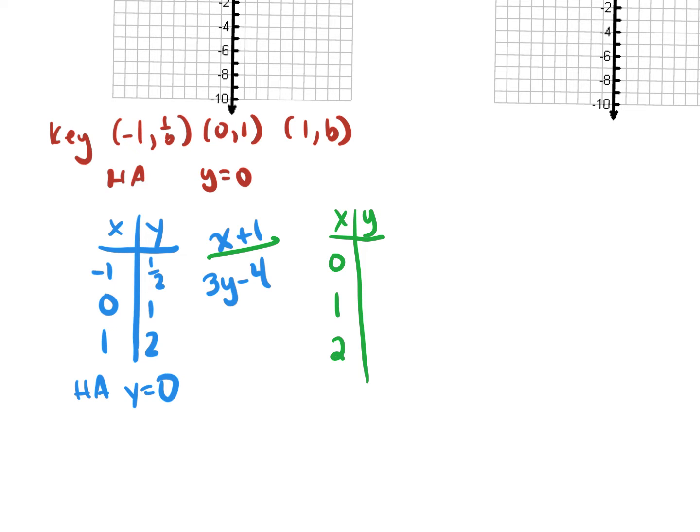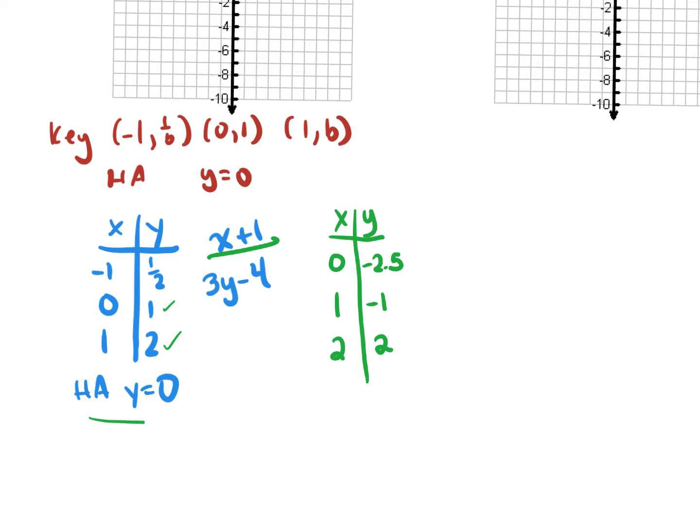So if I take 3 times 2, it's 6. 6 minus 4 is 2. This one is 1. 1 times 3 is 3. 3 minus 4 is -1. Half times 3 is 1.5. And 1.5 minus 4 is -2.5.